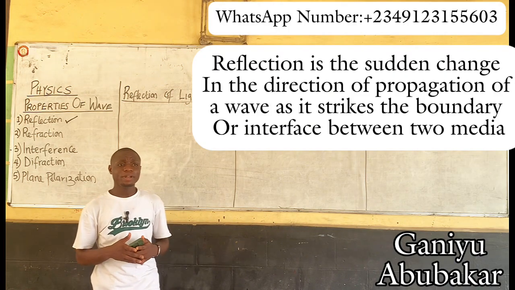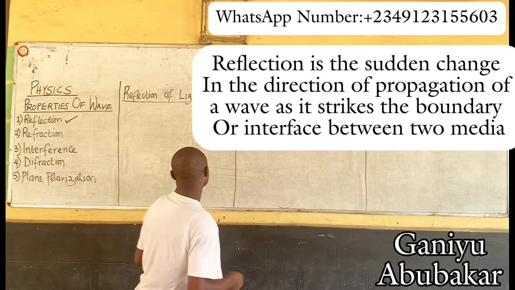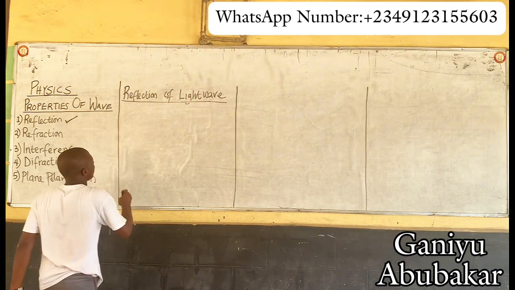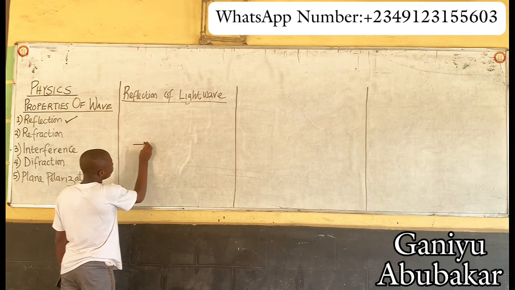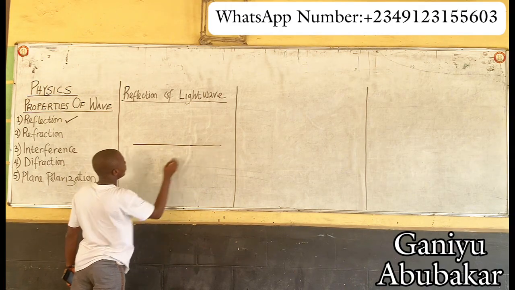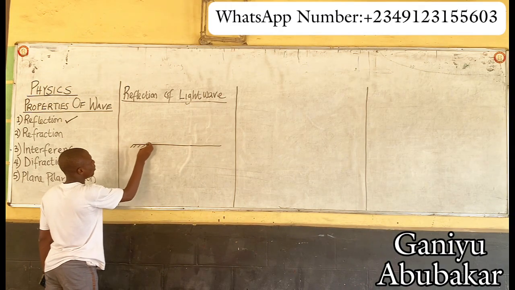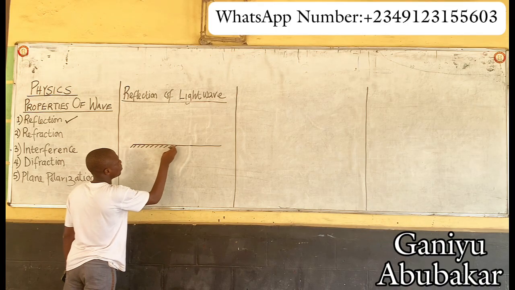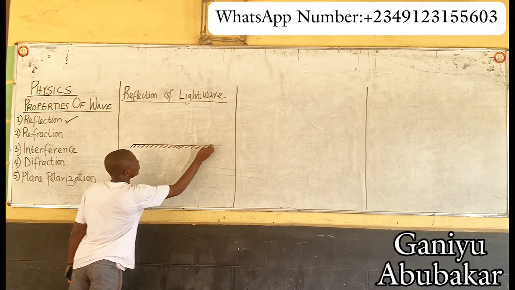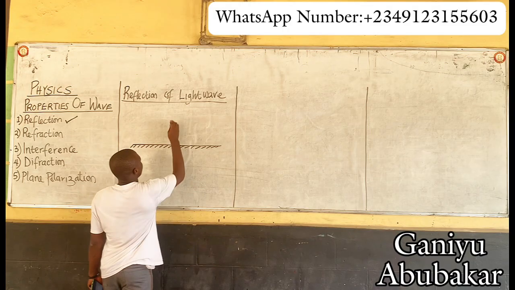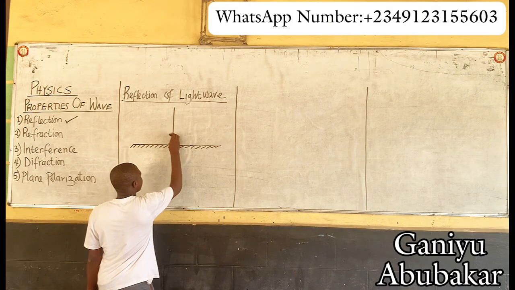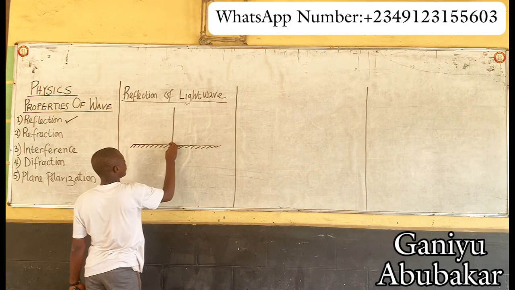All right, let's explain this concept of reflection. First, I'll draw out my boundary. This line here is the boundary. This line here is called the normal.